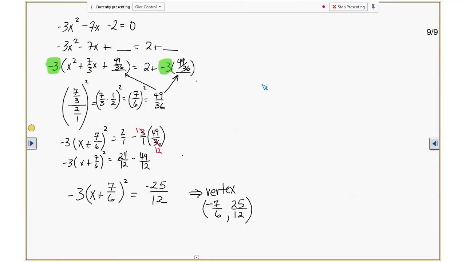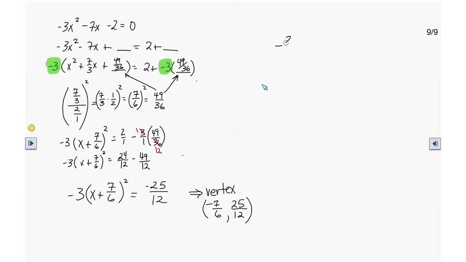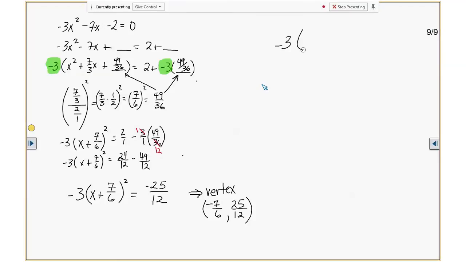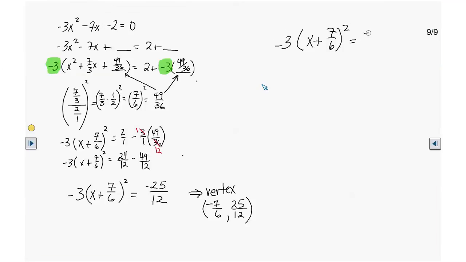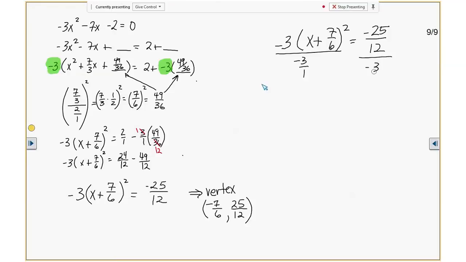Now we're going to take this, negative 3 times x plus 7/6, quantity squared is equal to negative 25 over 12. Divide by negative 3 over 1.